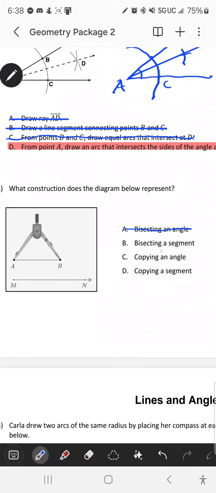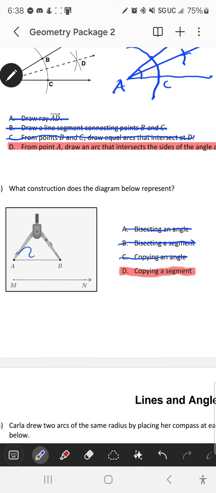Bisecting a segment is getting the segment in half, but we are not doing that because we are not taking half of the segment. We are just measuring one point to the other. Again, there is no angle here. It's not C. Well, actually, D makes sense.